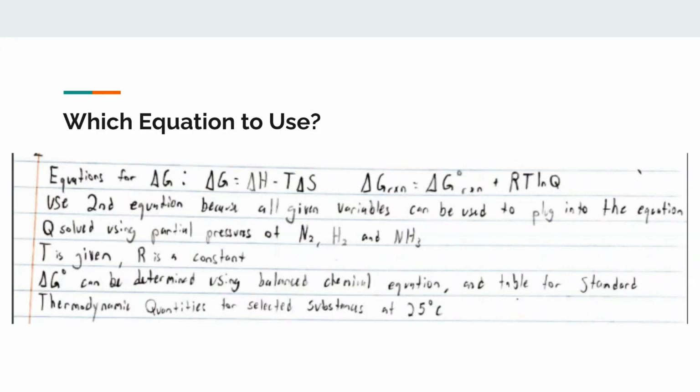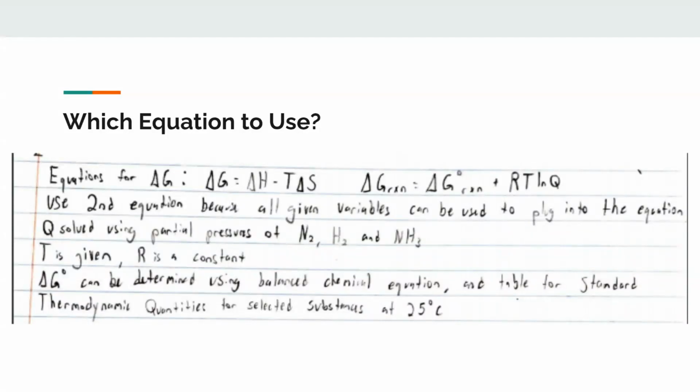So there are generally two forms of the free energy equation that we need to use. One being delta G equals delta H minus T delta S, or delta G equals delta G at standard conditions plus RT times the natural log of Q. Now, in this particular case, the second equation makes more sense because all of the given variables can be used to solve for the different variables in the equation.